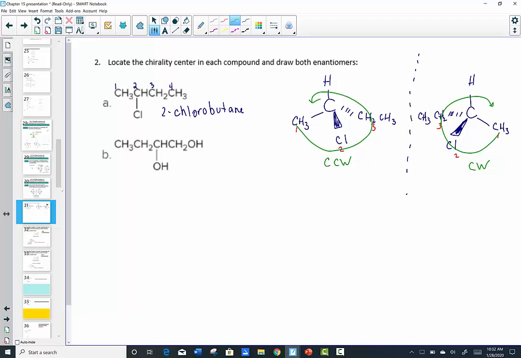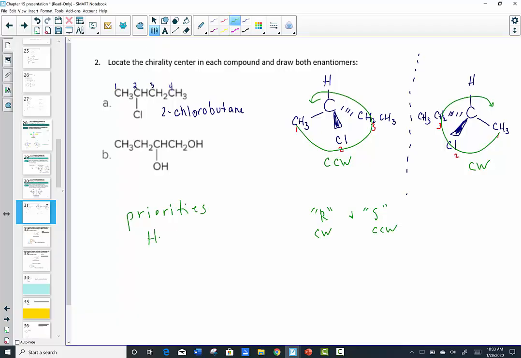Now, as you go deeper into organic chemistry, we'll learn about an R and an S configuration around a chiral center. R stands for a right-handed spin, and S, which represents the word sinister, represents a left-handed spin, clockwise and counterclockwise. And the order of priorities is assigned based on atomic number.